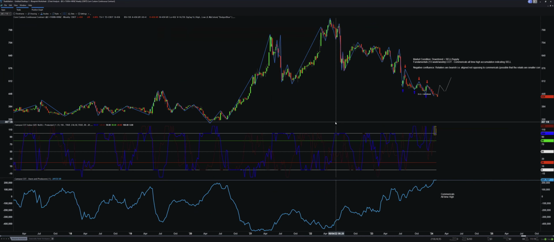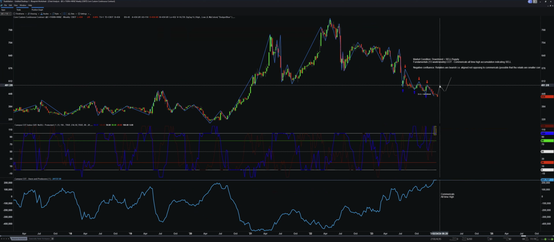Okay, so we can't call it the end of the bend yet, and therefore we'd have to be very wary of this high once we're in the trade, managing the trade, because it may reverse at that point. Yes, exactly, perfect.